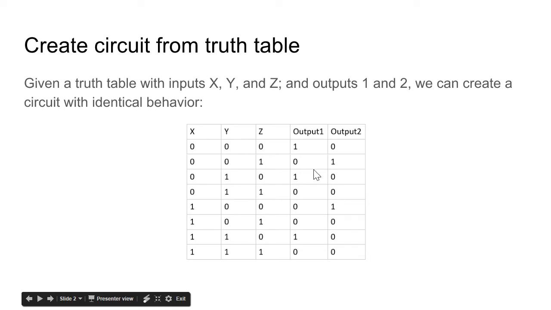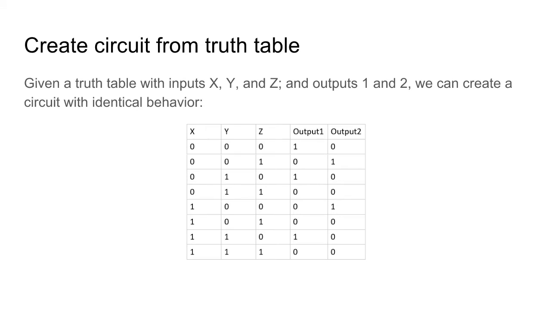And then in our columns to the right, we've got the cases of whether or not output 1 and output 2 fired for that combination of input. So for example, when X, Y, and Z are all 0, output 1 fired in this case, but output 2 did not. So this is just basically how our truth table works.